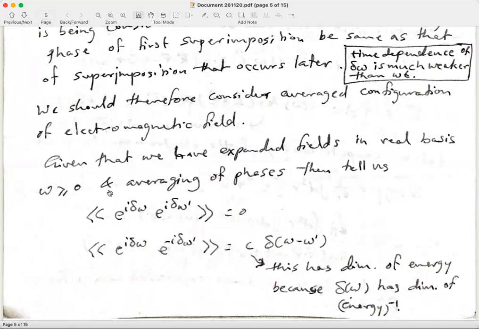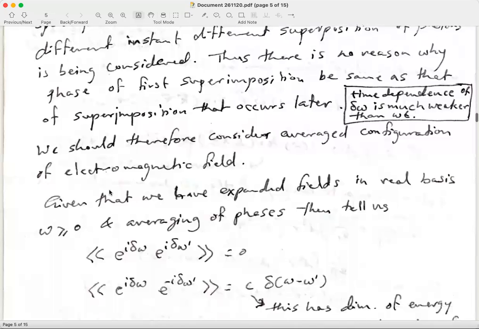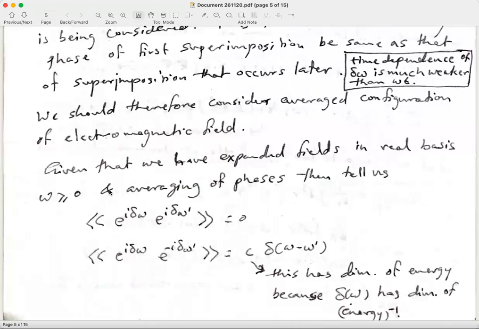Fine. Now, remember that we have expanded the fields in the real basis. We are using sine and cosine like functions and not the e to the i k dot x kind of function. The omegas therefore would always be positive semi-definite in that case, and averaging over phases would tell us that we should set e to the i delta omega times e to the i delta omega prime, this averaging, equal to 0.